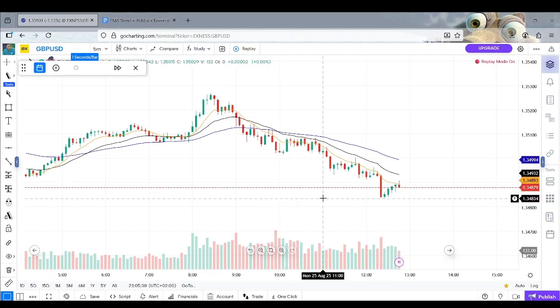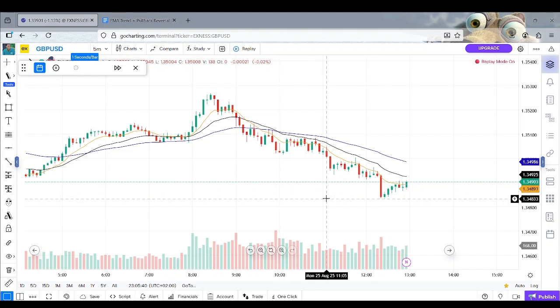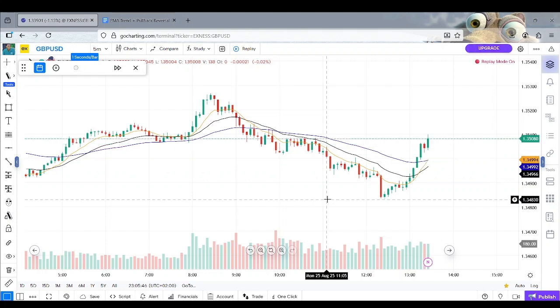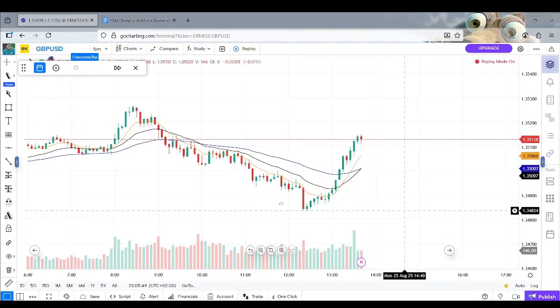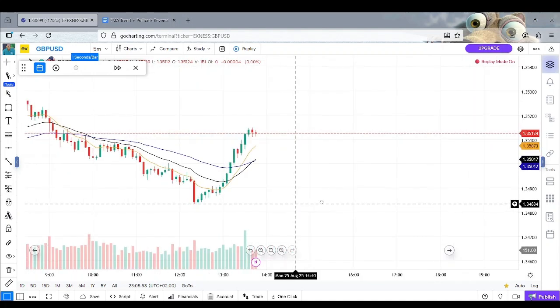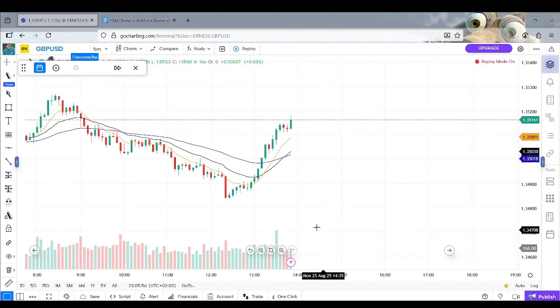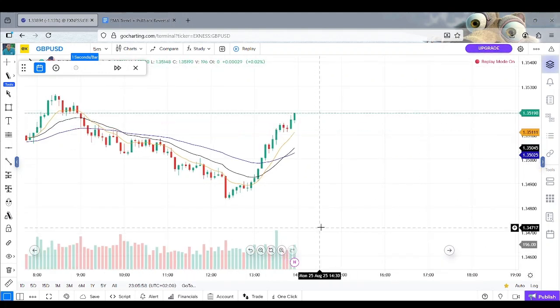We are bearish. Okay, pull back. All right, nope, wait. Okay, we're shifting to bullish. Let's see what happens when New York opens. New York will open about here.